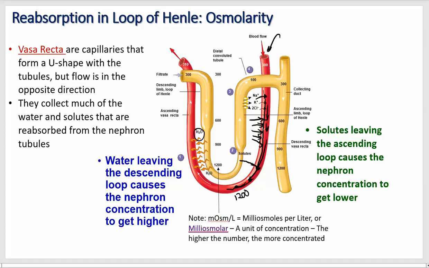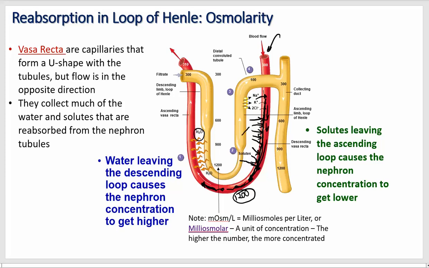These salts that say, oh, it's only 300, we're going to move out, and then it's a trick, and it moves into the capillary, and they say, haha, you're going to go down to here, and now it's going to be thick and murky and 1200 milliosmolar per liter, and that's where the particles settle in. And so we have this thicker area because we have all these particles that are going to move in.